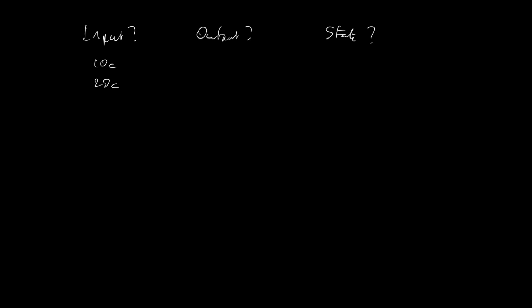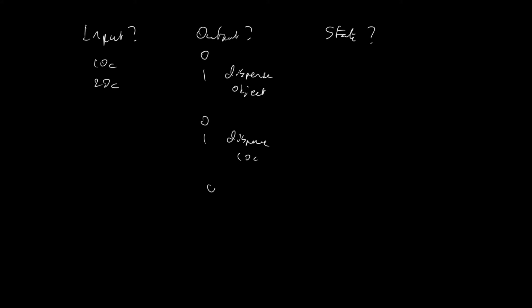The output, well, we have to decide on two things. Do we refund 10 cents and do we dispense our product? And so we can use two bits. The first bit, 0 or 1, is for whether we dispense our object. 1 means dispense our object, 0 means do nothing, and we have a second bit, 0 or 1, where 1 means dispense our 10-cent coin.